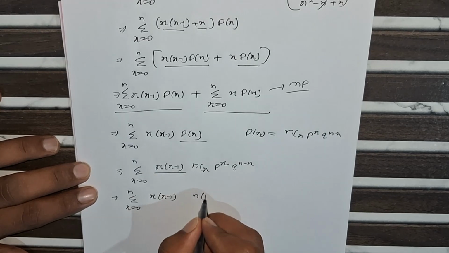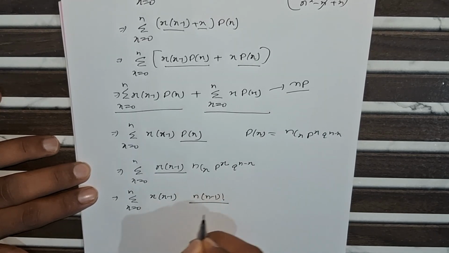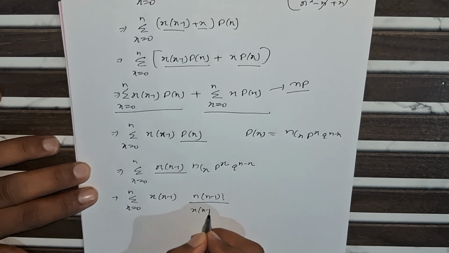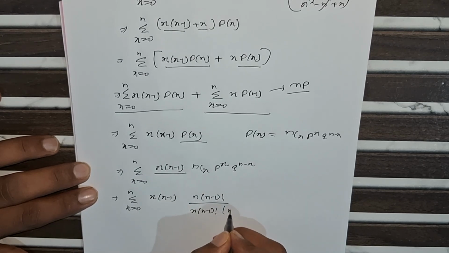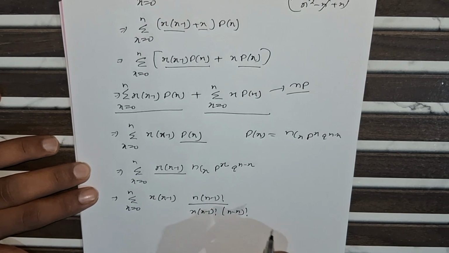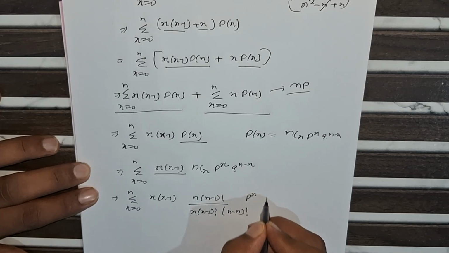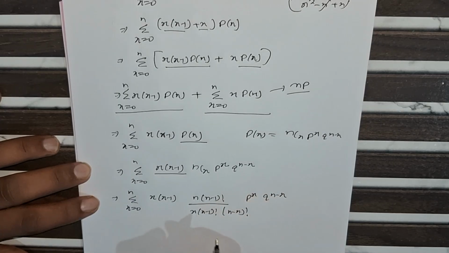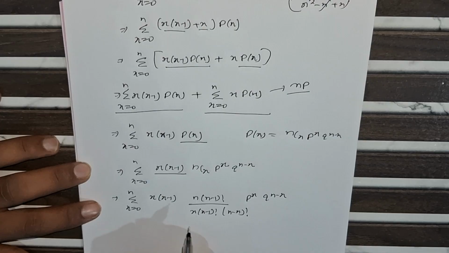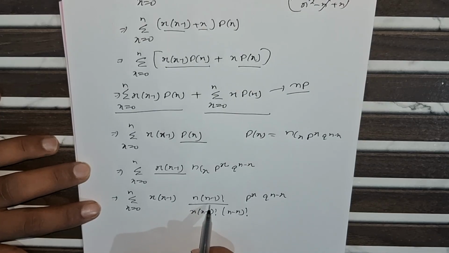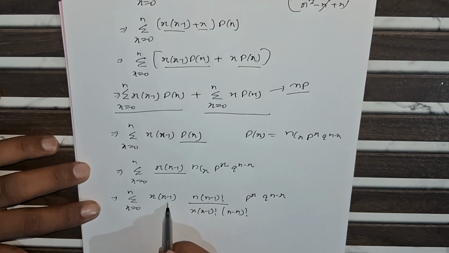So n into n minus 1 factorial divided by x into x minus 1 factorial into n minus x factorial, p to the power x q to the power n minus x. If we cancel out, we are not able to cancel n minus 1 factorial to the x minus 1.